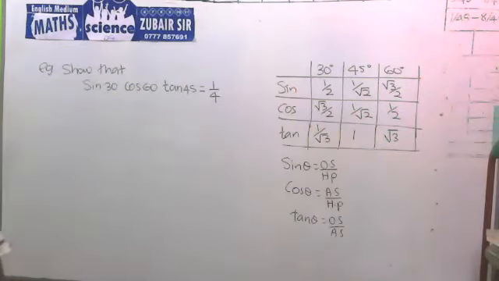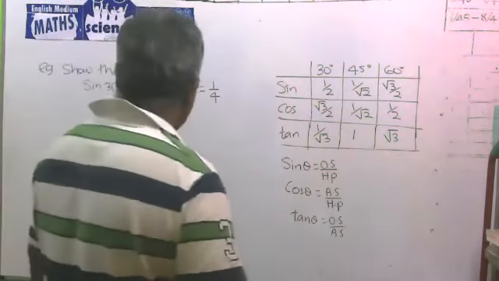So you have to show that sin 30, cos 60 and tan 45 equal to 1 over 4.